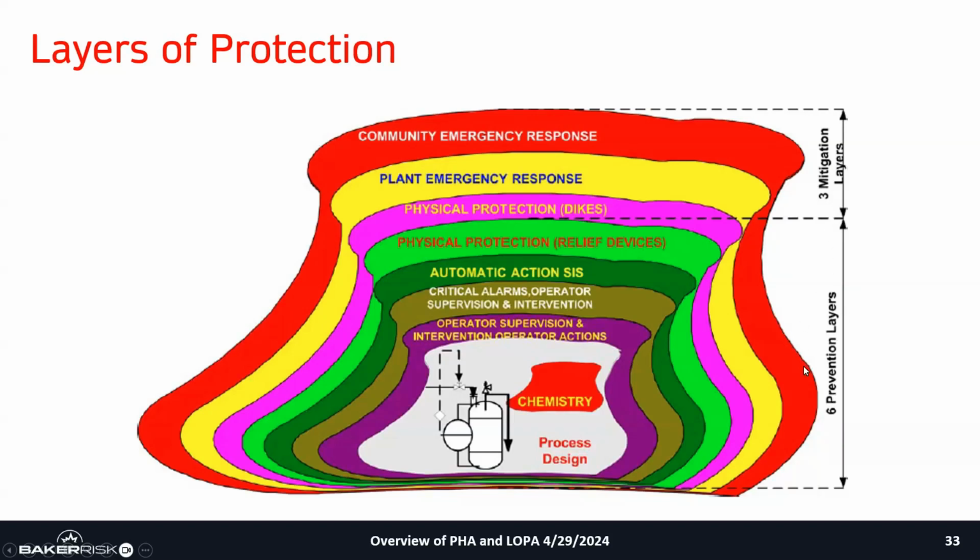So the prevention layers work to prevent the initial primary loss of containment, whereas mitigative layers are safeguards that are there to minimize impact after loss of containment. So the general philosophy around this is you typically want to try to identify your safeguards and independent protection layers in the inner region, and then as needed, move out.